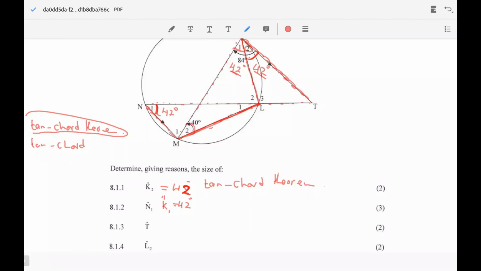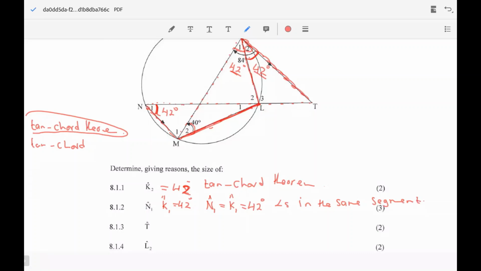And now that N1 equals K1, which is equal to 42 degrees, you can say that N1 equals K1, which equals 42 degrees. And the reason here is angles in the same segment.